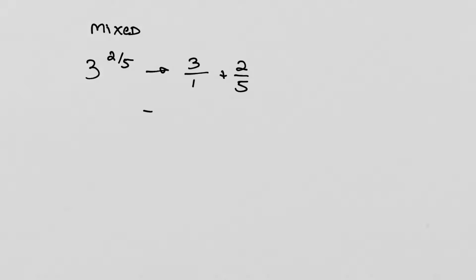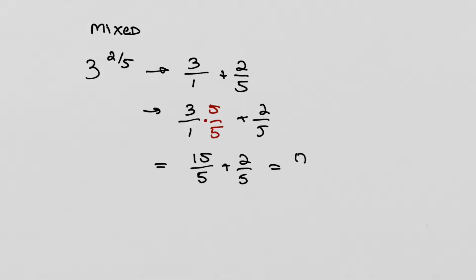If we get a common denominator, I could take this 3 over 1 that we've got and multiply it by 5 over 5. And then what I'm going to have is 15 over 5 plus 2 over 5, which equals 17 over 5, which, if you remember, is an example of an improper fraction.